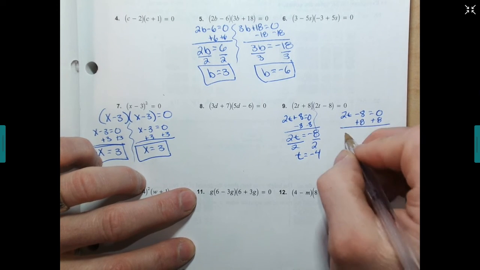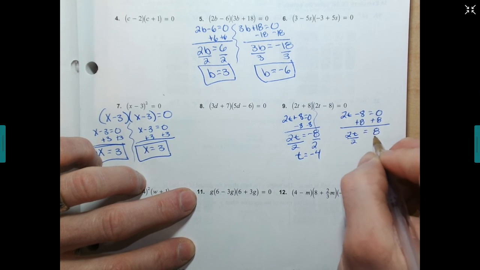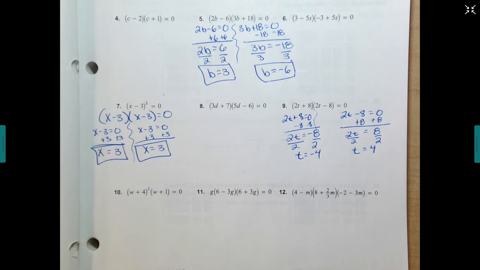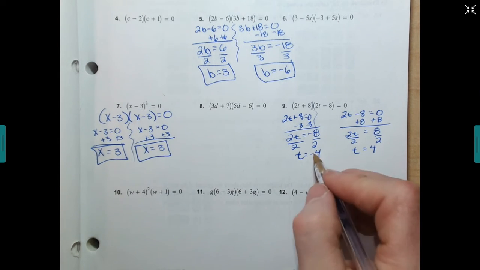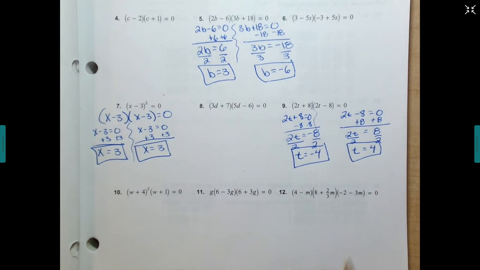Add 8 on both sides. I get 2t equals 8. And I have t equals 4. So I have t equals negative 4 and t equals 4.